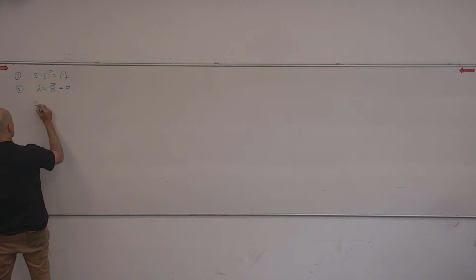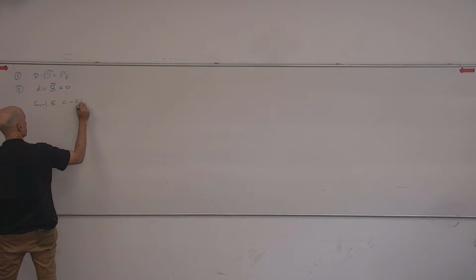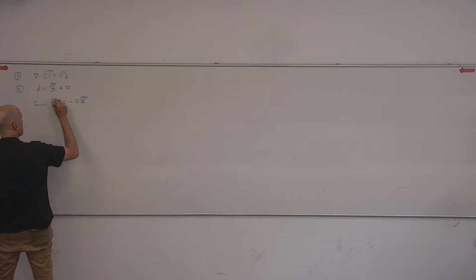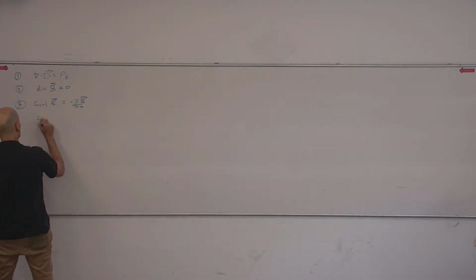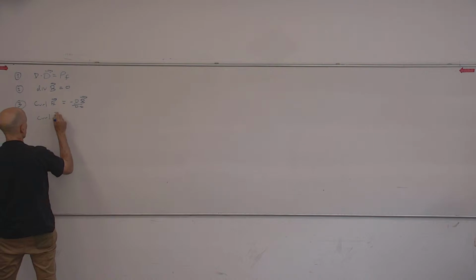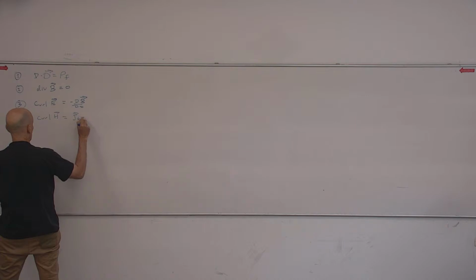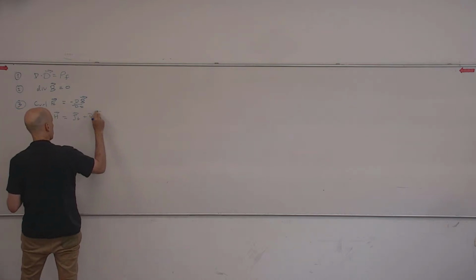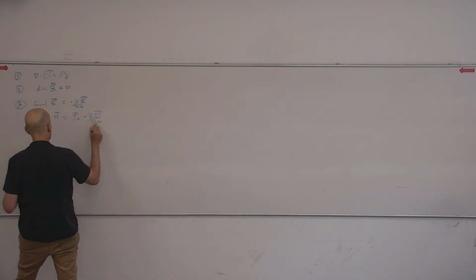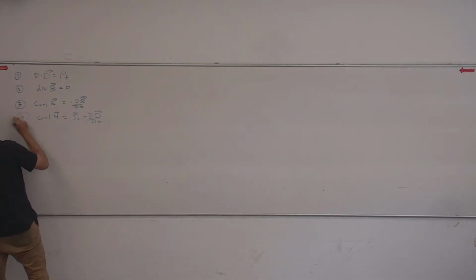We have curl E minus dB/dt, which is Faraday. And we have here curl H, which is J_f. This is Ampere, and this is the Maxwell equation when we are in matter. Maxwell correction. So these are the four.